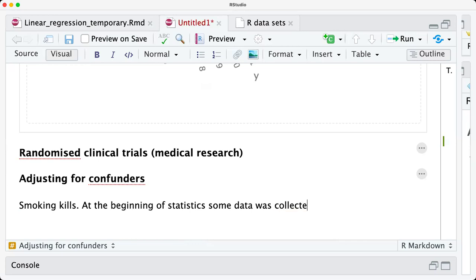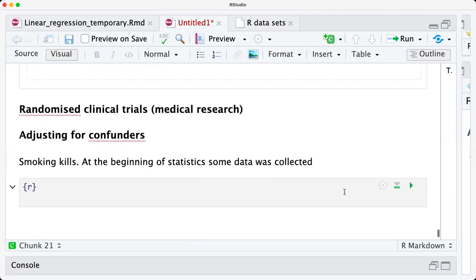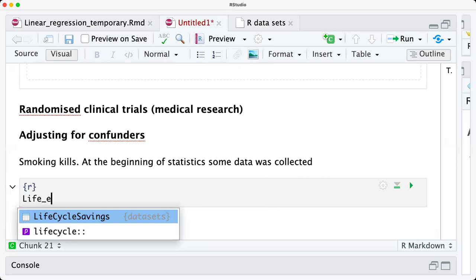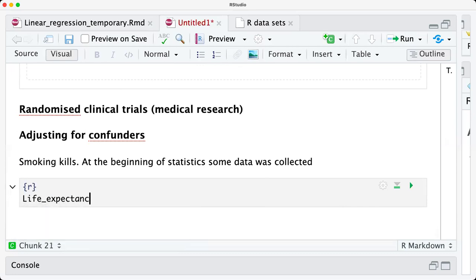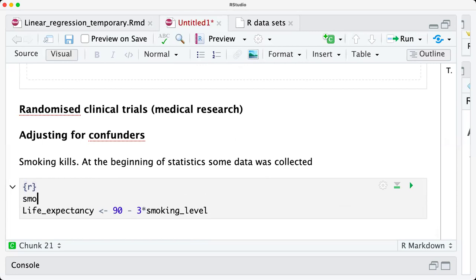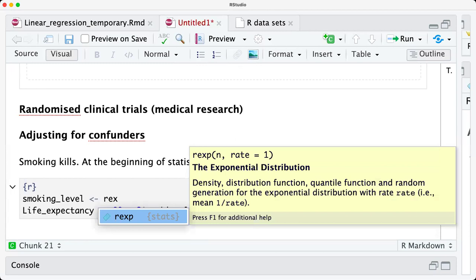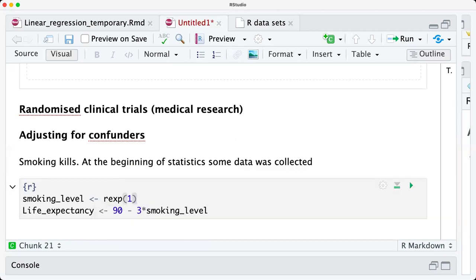So let's imagine this kind of data. Life expectancy is equal to 90 minus 3 times smoking level. And the smoking level, let's take an exponential.